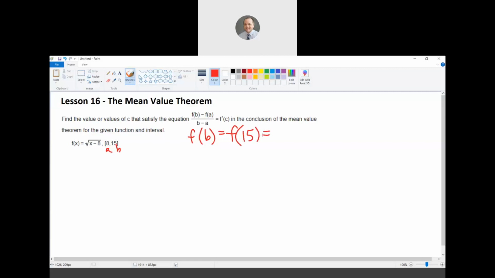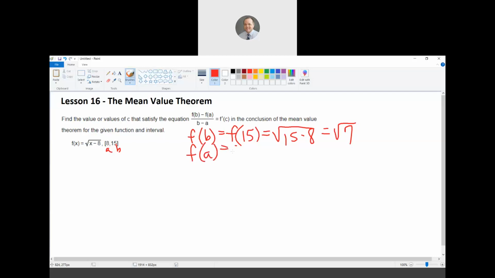To find f of b, or f of 15, just go to your original function and replace your x with 15. So f of b is square root of 7. Next, we need to find f of a.